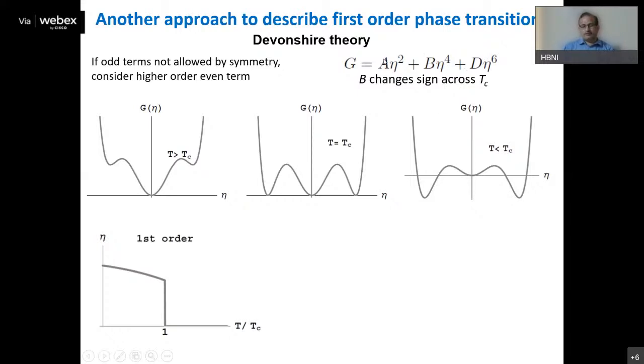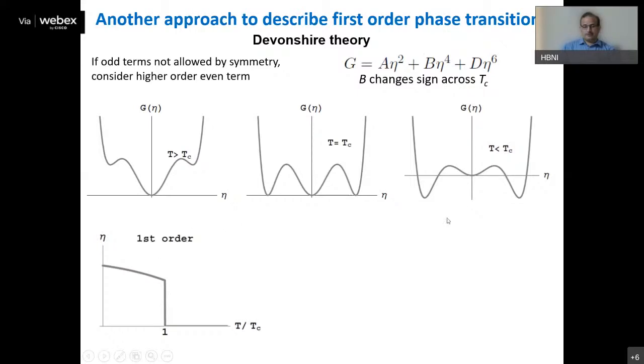So if you have a positive contribution from this n square term, a negative contribution from this term, and again a positive contribution from this term, you can have this kind of curve, where the order parameter can discontinuously change from 0 to some value, which corresponds to the minimum free energy. So there will be a first order phase transition with a discontinuous change in the order parameter value.